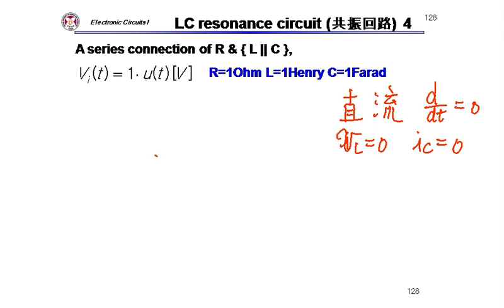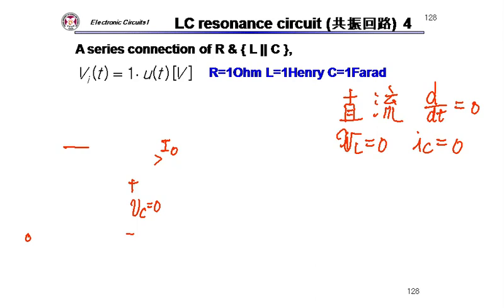So the current should be this I0, this is I0 at T equals 0. The capacitor voltage should be 0, right? Because of the inductor. Then I turn off the switch.